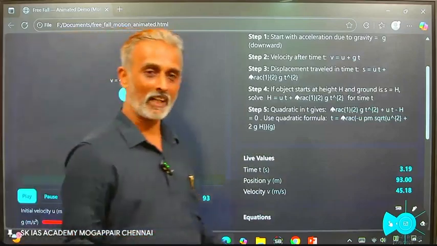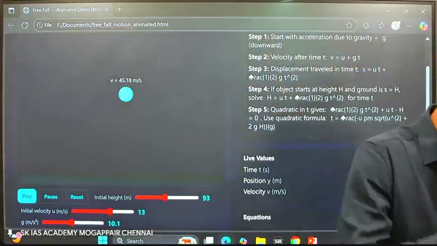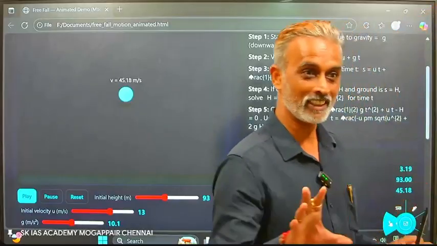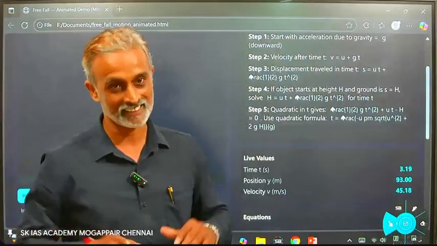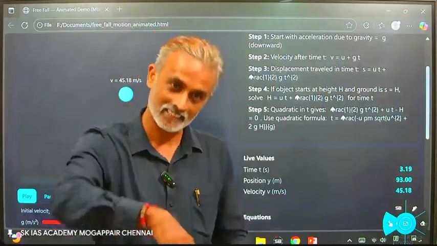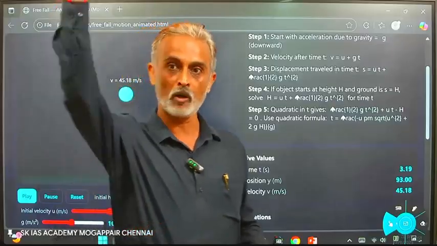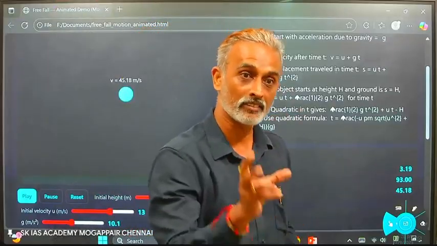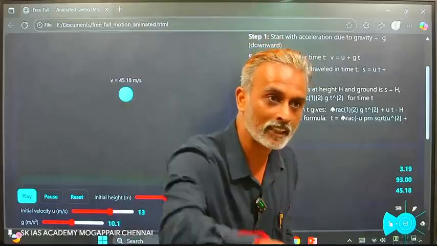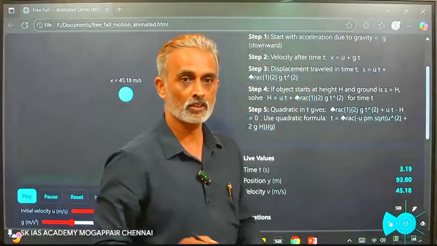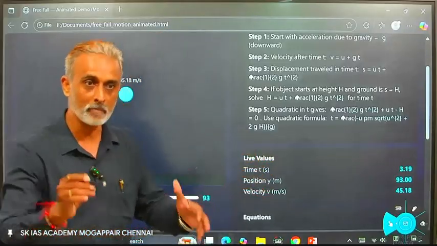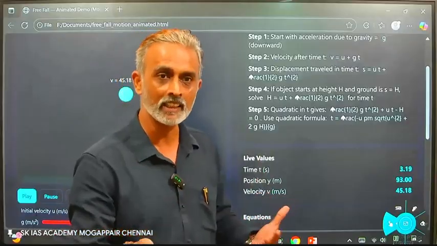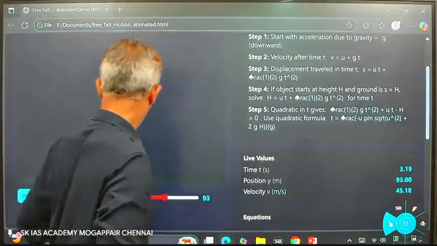Now we will tell what is the use of this. When a question is asked, they are not going to tell you to directly put the value and get the answer. They ask questions with this type of creativeness. Any ball thrown from 200 feet height slowly comes down. How much height, how much time, how much velocity and everything you have to find. So how will we do that?